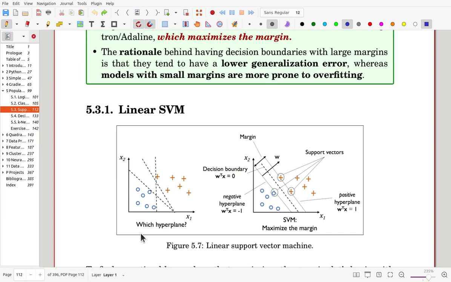When you are using perceptron or Adaline, the resulting separator can be one of these. For example, if it is the vertical separator, and we have a new data point here, then the model will recognize it as one of the plus points.